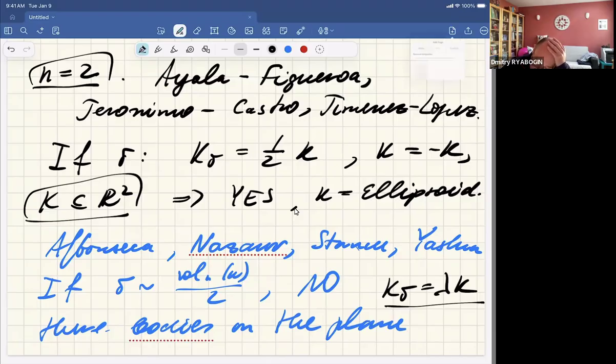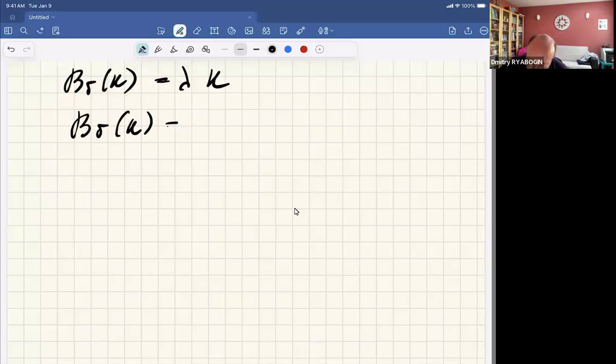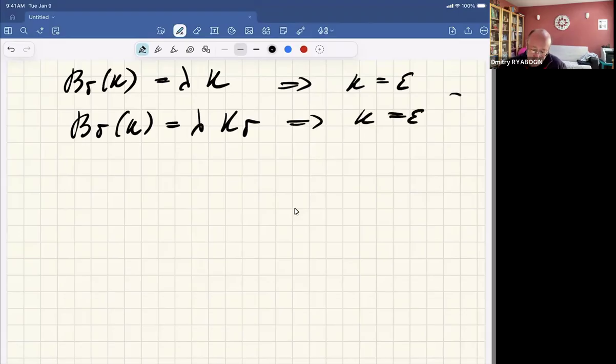I have 1 more minute, I will mention. You could also ask a similar question for the surface of centers. And because there are three bodies, you could also ask the question about the relationship between these two: does it follow that K is an ellipsoid?